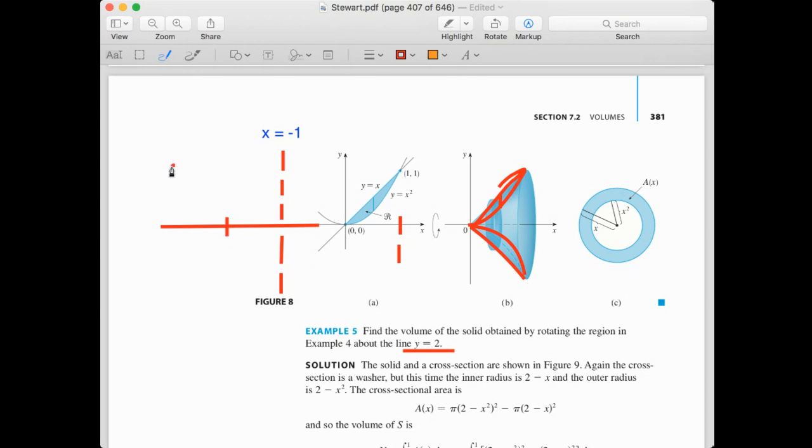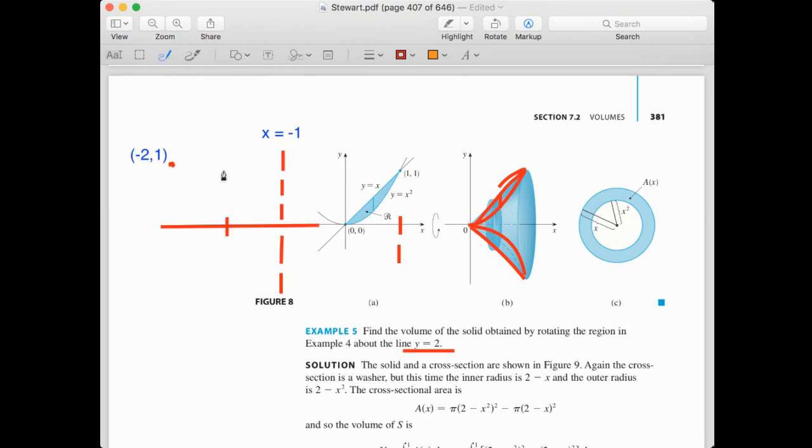And the y value is still 1. So I get this point, -2, 1. And this point will be -2, 0, right? Because this is -1, this is -2.